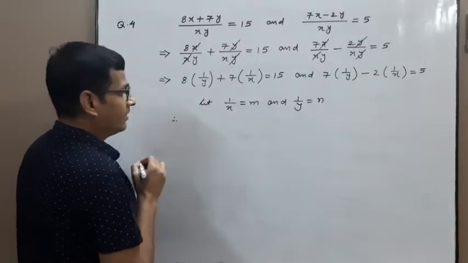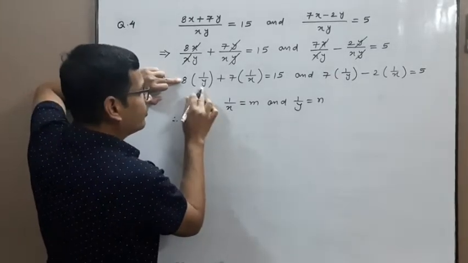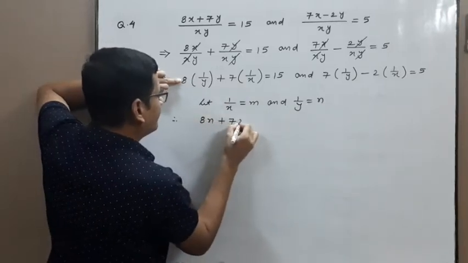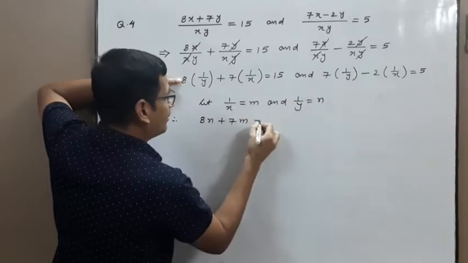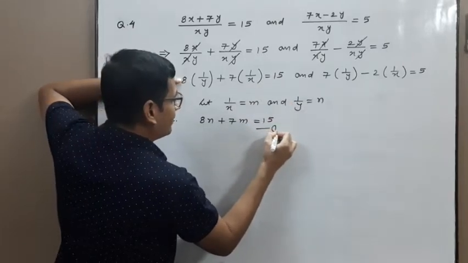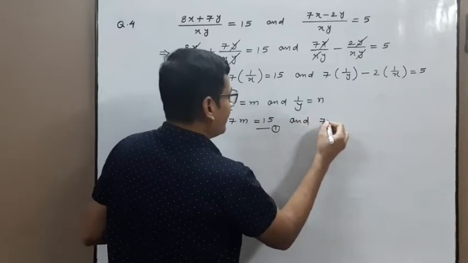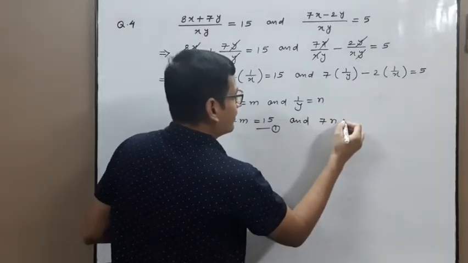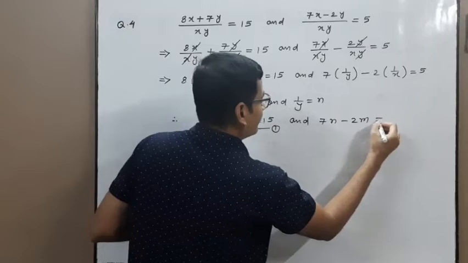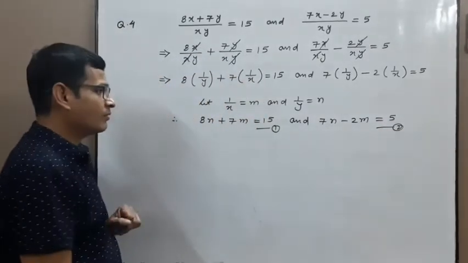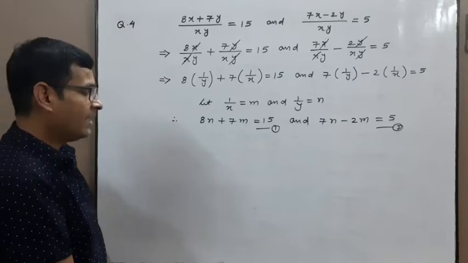So 8n plus 7m is equal to 15, equation 1, and 7n minus 2m equal to 5, equation number 2. Now solve these two equations by the elimination method.